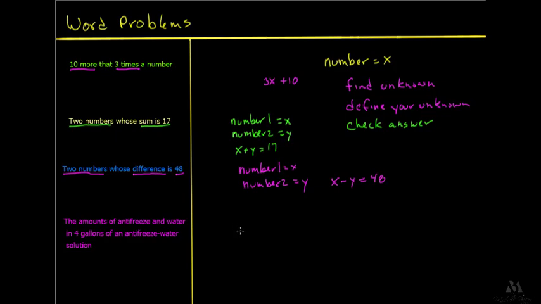So let's just say that our antifreeze is going to equal A, and our water for right now is going to equal W. All right, so the amounts of antifreeze and water in 4 gallons of an antifreeze water solution. So we've kind of identified antifreeze and water, and now we have a 4-gallon antifreeze water solution.